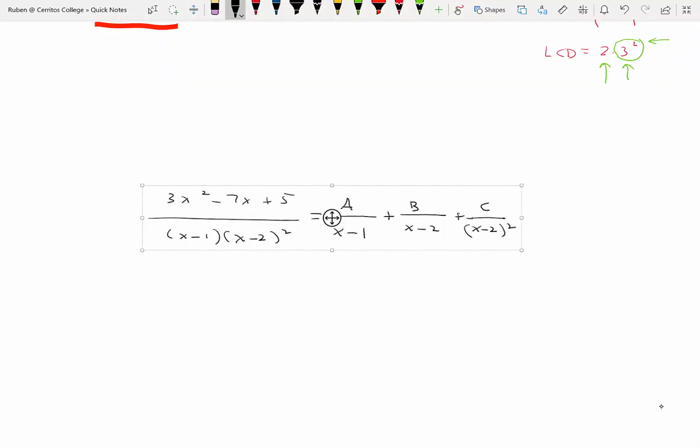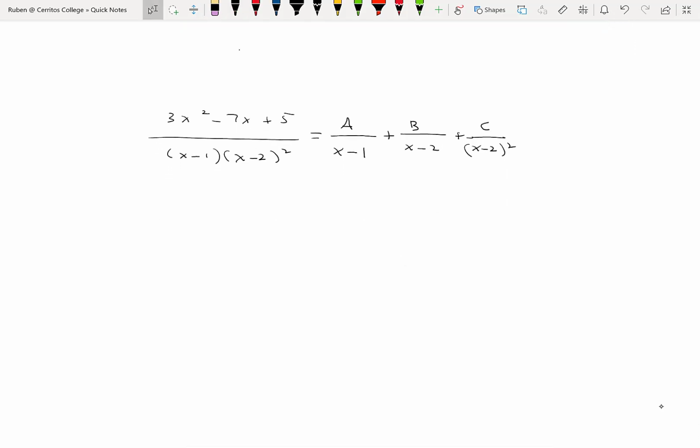What I'm going to do is exactly what I did in the last two examples. I'm going to multiply both sides by the least common denominator, x minus 1 times x minus 2 squared. Then I'm going to continue with the algebra.